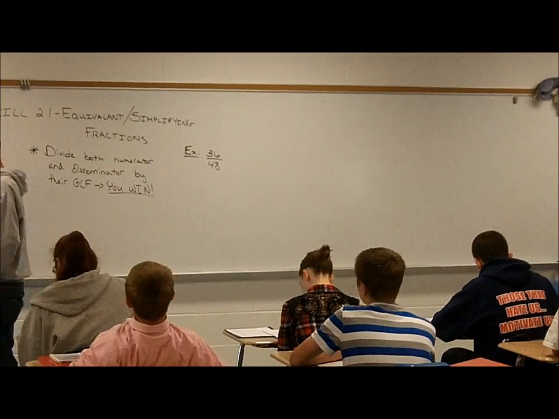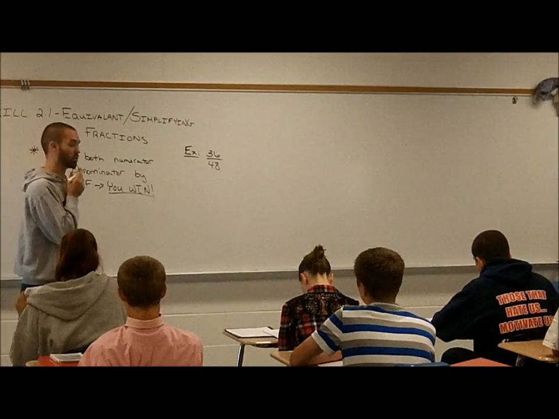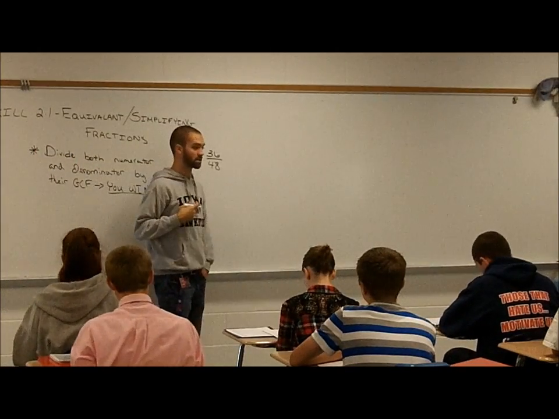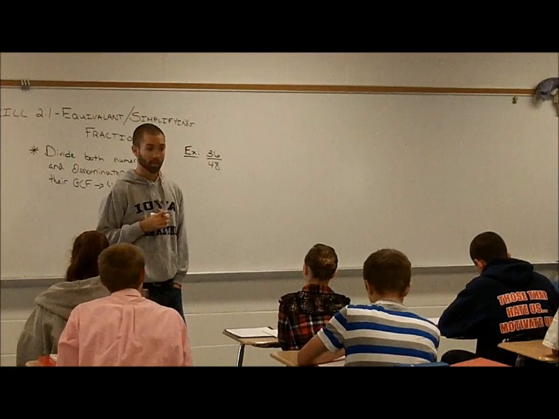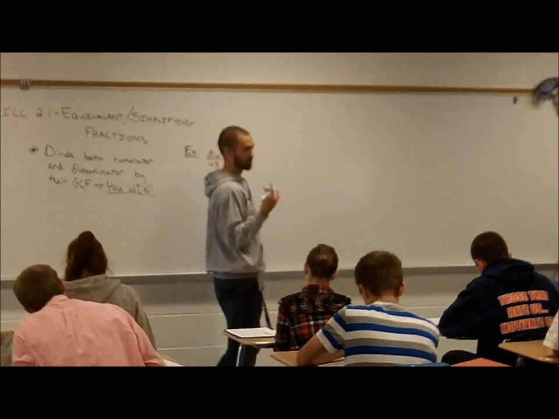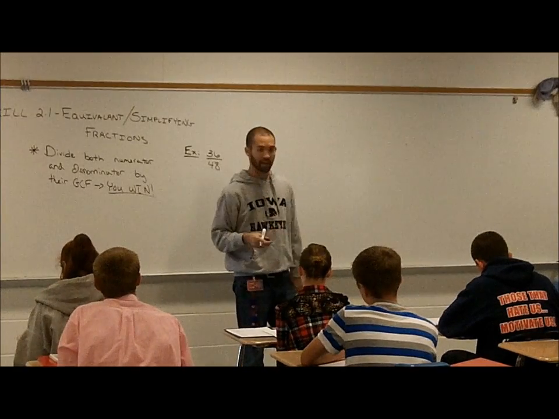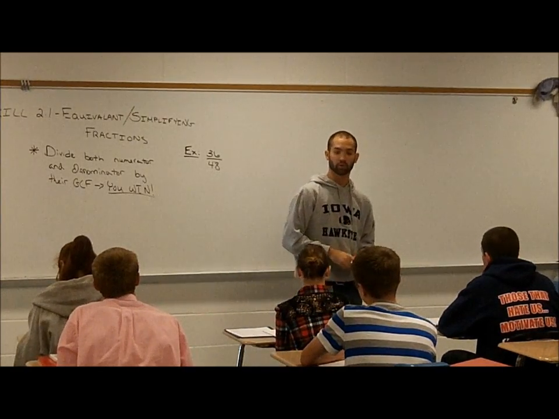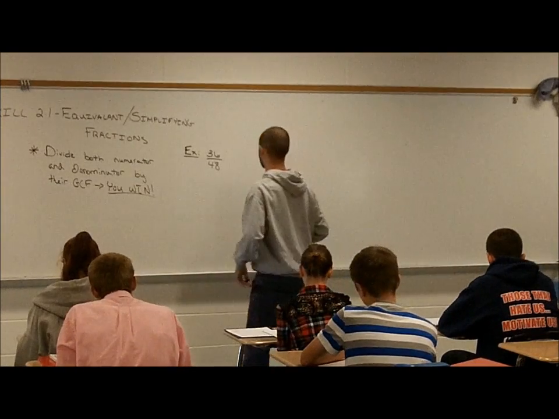Of who? The numerator and the denominator. We need to find the greatest common factor of both. Do you guys remember how to do that? How many ways can we do that? 2. One way is just to list out all the factors. The other way is to use a factor tree, right? Okay, so let's use the factor tree method.